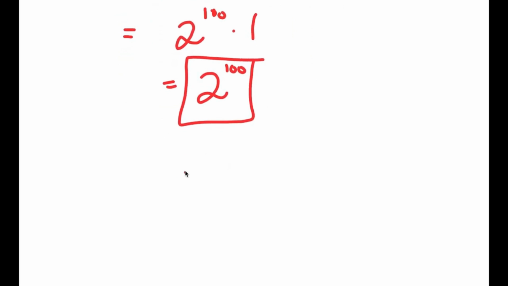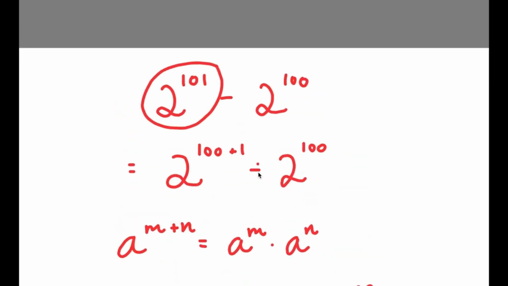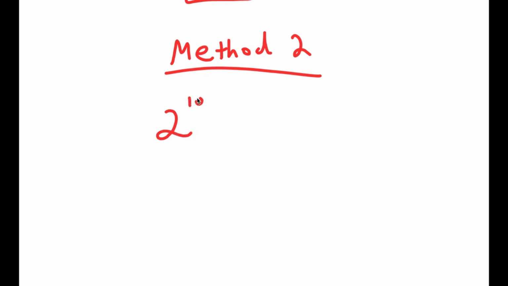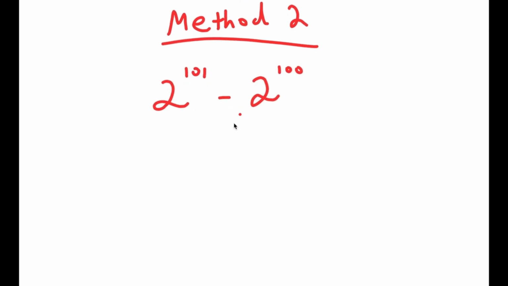Now, there is actually another method of solving this problem. So going back to the problem, I have 2 to the power of 101 minus 2 to the power of 100. Before, I rewrote 101 as 100 plus 1, but how about I rewrite 100 as 101 minus 1?